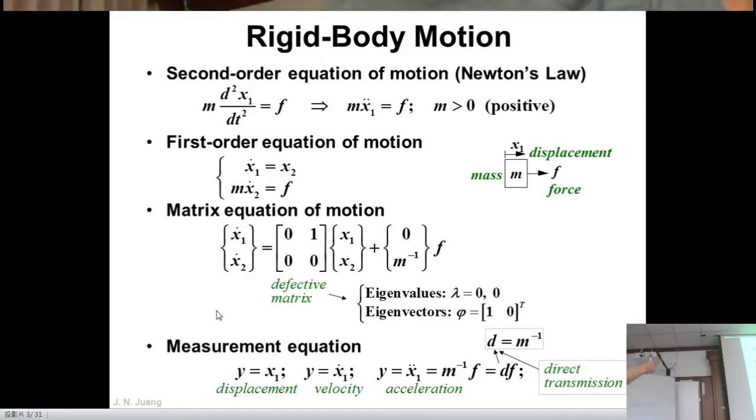Rigid body motion has two zero eigenvalues. Rigid body motion has a defective matrix. For rigid body motions, if you use an acceleration device to measure your motions, then you have direct transmission terms.